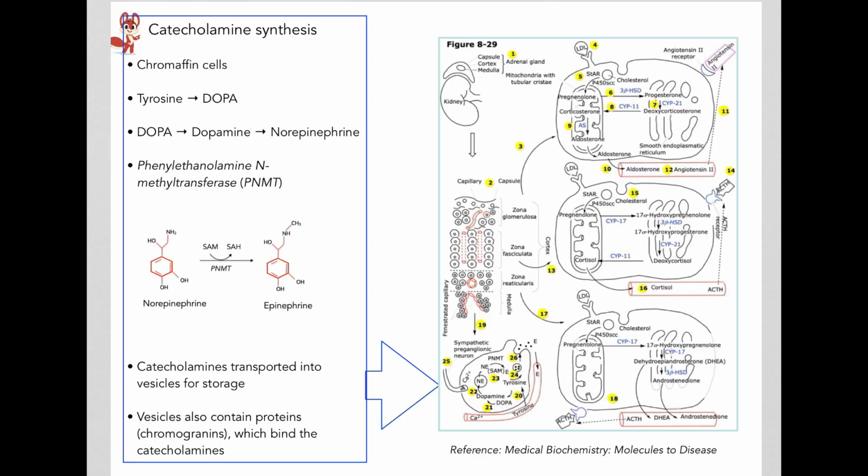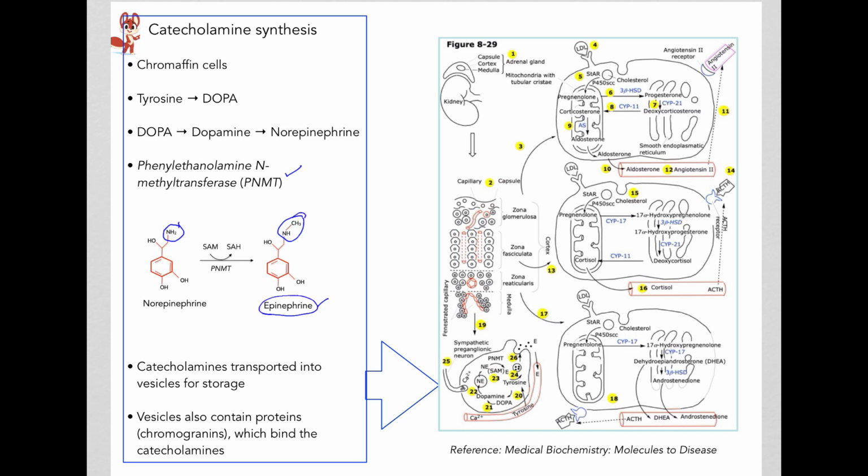Then we have the enzyme phenylethanolamine N-methyltransferase, or PNMT, and this enzyme catalyzes the methylation of this amine group in norepinephrine in order to form the methylated amine that we see in epinephrine.